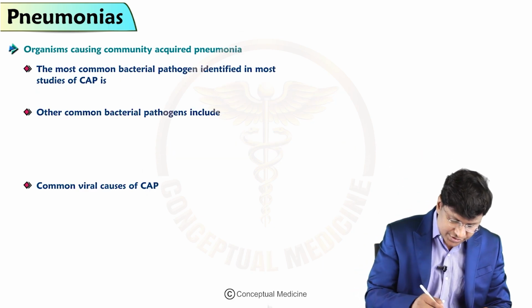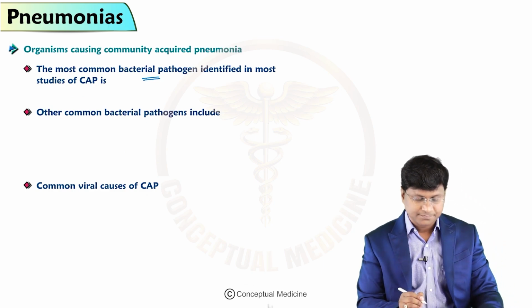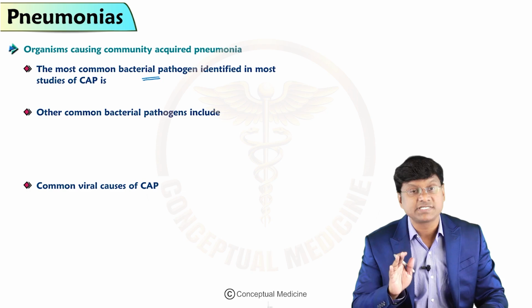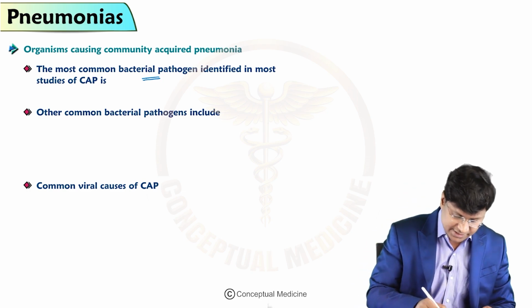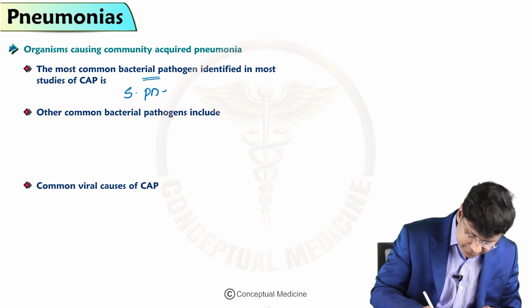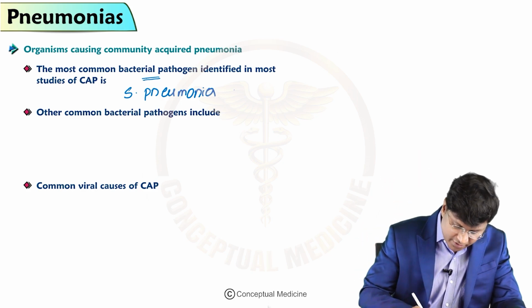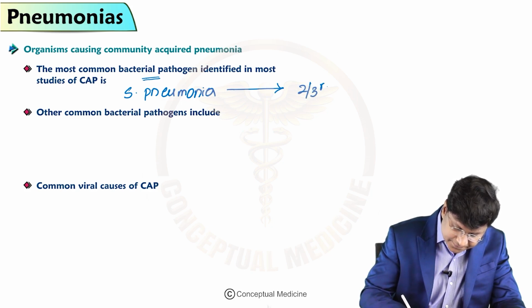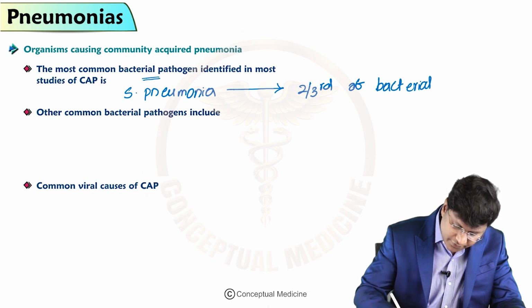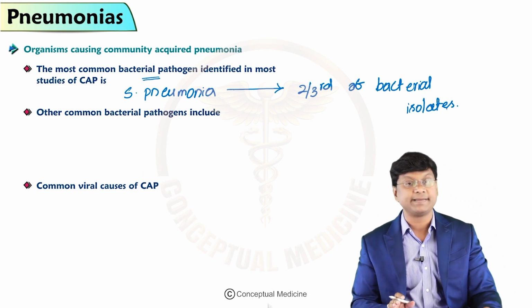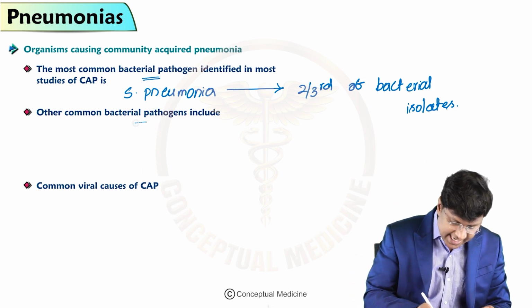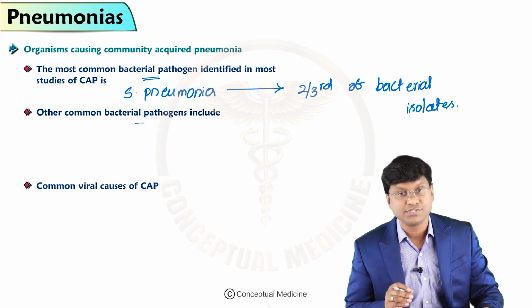Now, the most common bacterial pathogen identified in most studies of community acquired pneumonia is Streptococcus pneumonia, which accounts for approximately 2/3 of the bacterial isolates. What are the other common bacterial pathogens?